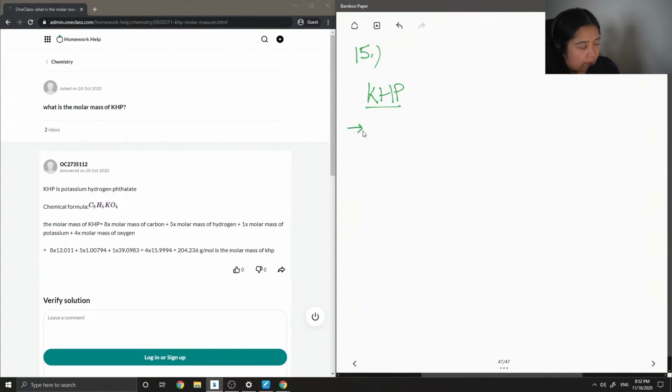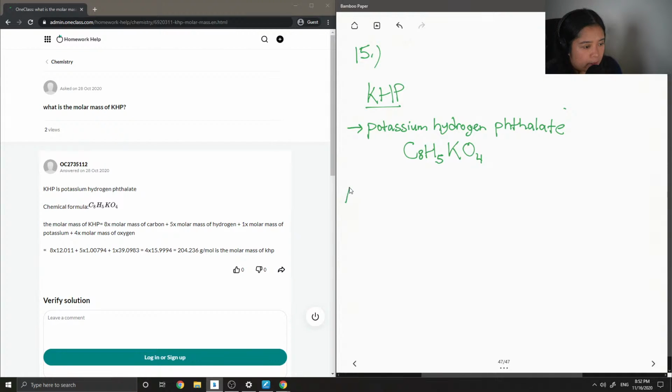It's actually a short form for a compound called potassium hydrogen phthalate. So it has a chemical formula of C8H5KO4.